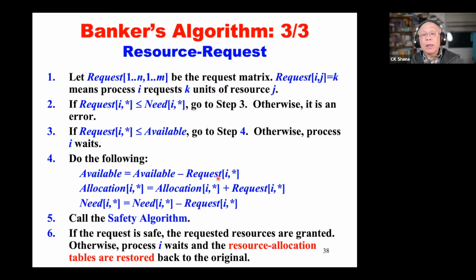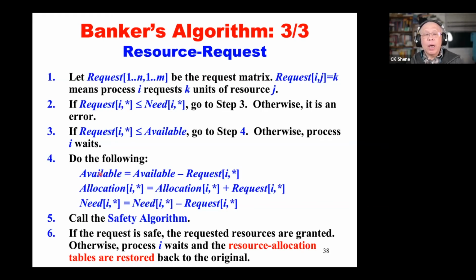And then add process i's request to the allocation, assuming that process i receives it, and then subtract the request from the need array. So the new available, the new allocation, and the new need simply simulate the situation in which the request by process i has been satisfied. But of course, it's just an assumption.